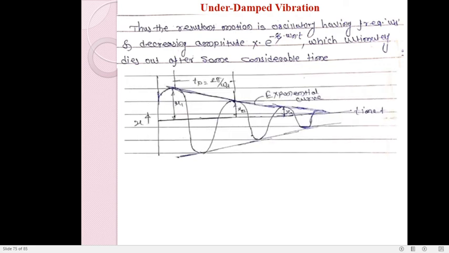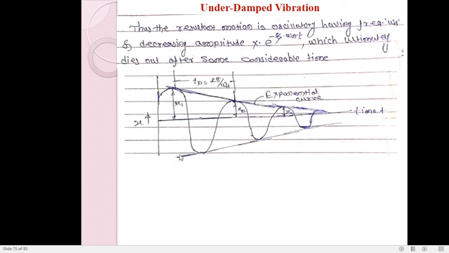If we plot the time displacement curve for this case, you can easily understand that the system performs a certain number of cycles. In each cycle, if you mark the displacement of the body from the mean position, you can easily observe that the displacement goes on decreasing.